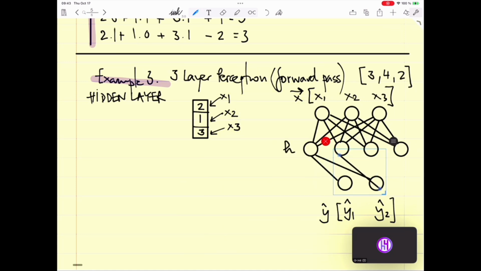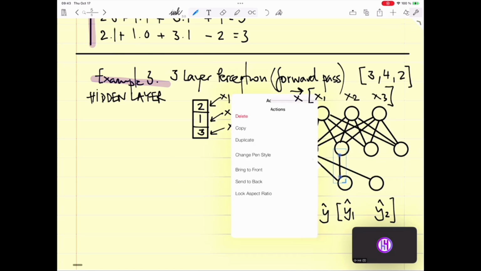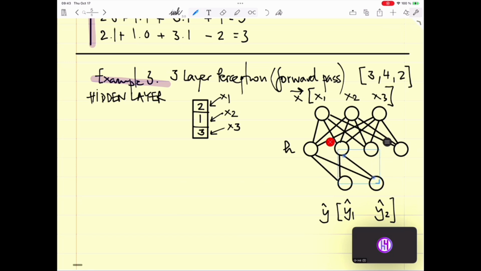Anyway, so we continue there, connecting everything with everything else of the next layer. So we have our weight matrices set up, and the next step will be to put the numbers in place.